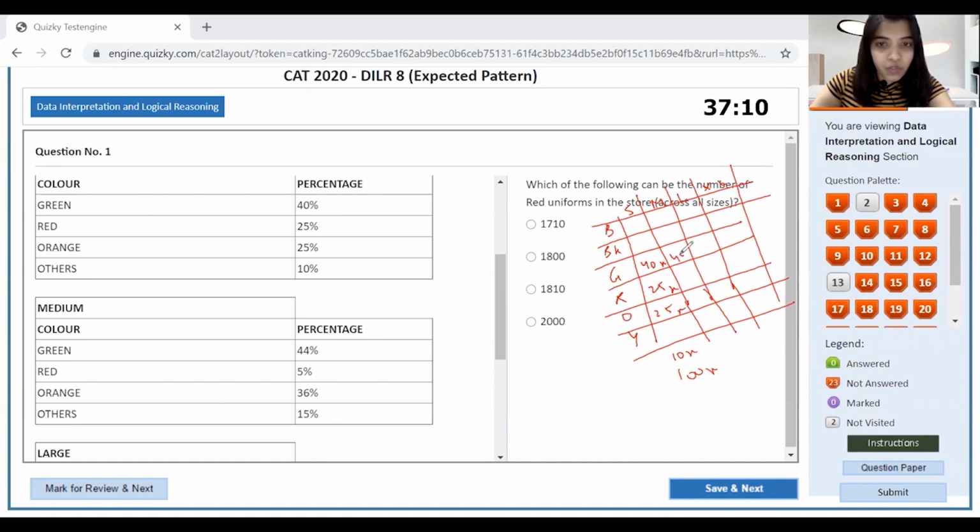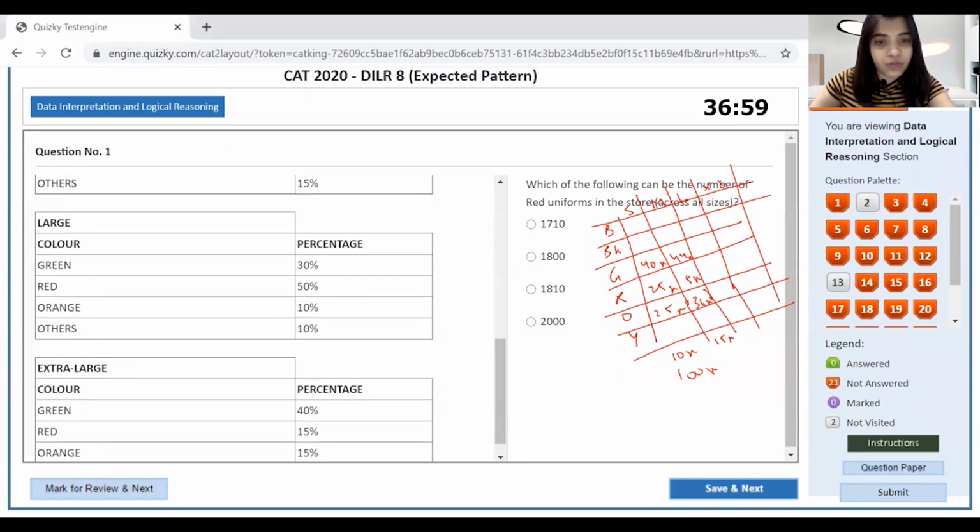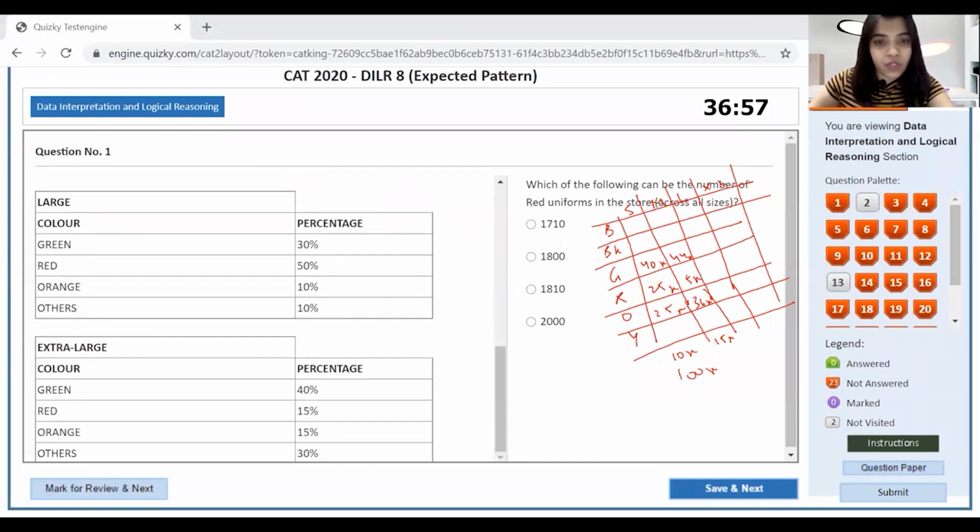For medium, we have 44x, 5x, 36x, and the remaining is 15x. Further down, we have 30x, 50x, 10x, and the remaining is 10x. Then we have 40x, 15, 15, and 30.